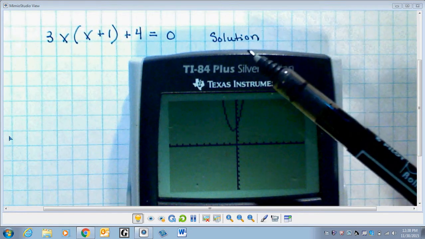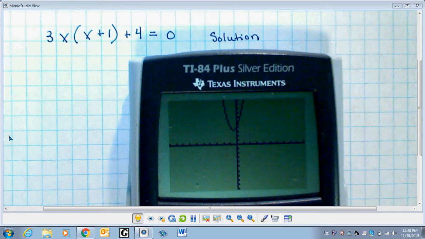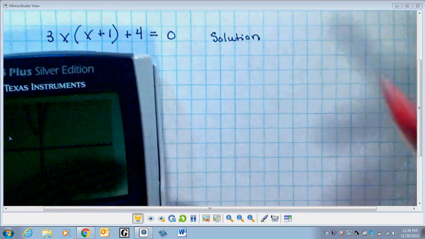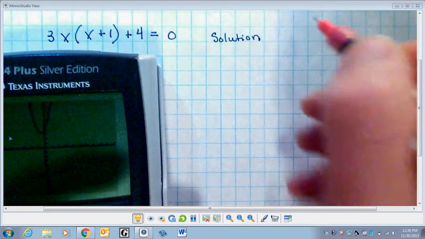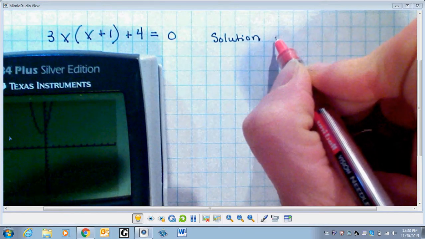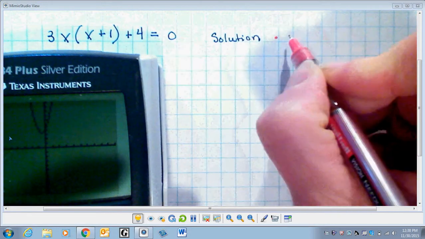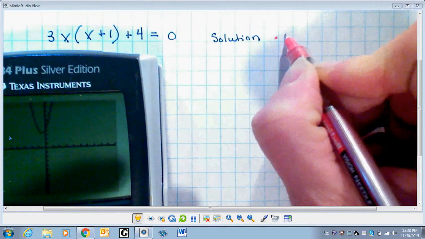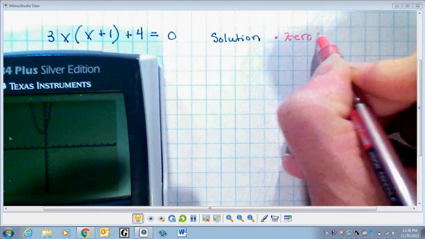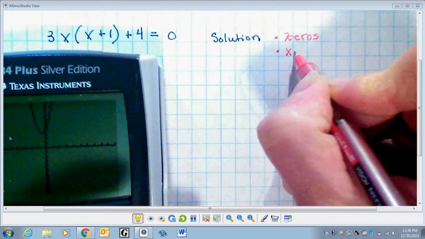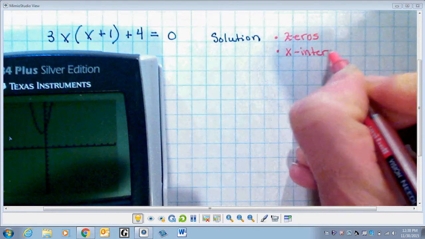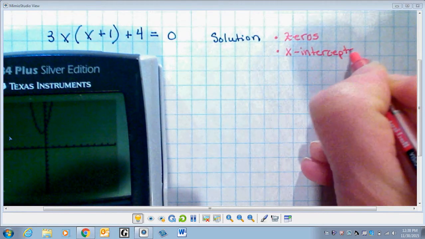This is asking for the solution, and if you recall, when I have simply one equation, I'm not talking about a system, that's different. When I have one equation, I am actually looking for the zeros, the x-intercept or intercepts.